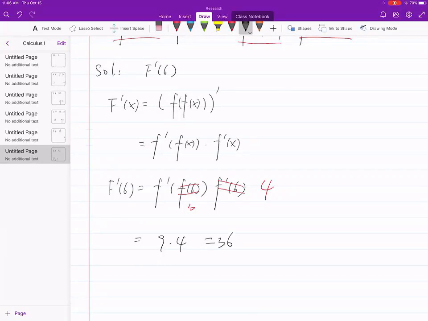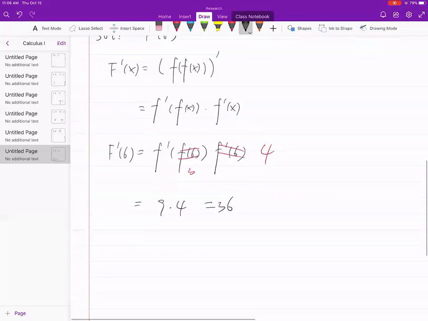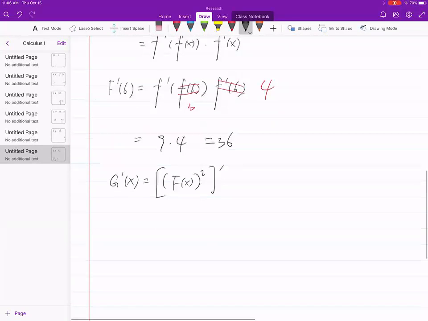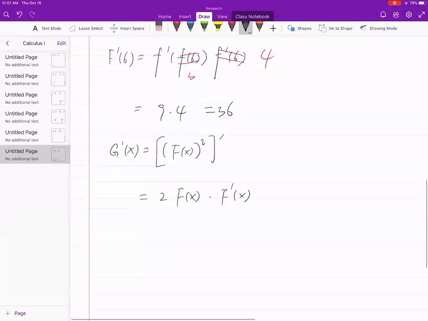Now for question 2, you want G prime 6. Square prime, which is first handle the square to the 1 times F prime X. So F prime 6, we just did it.